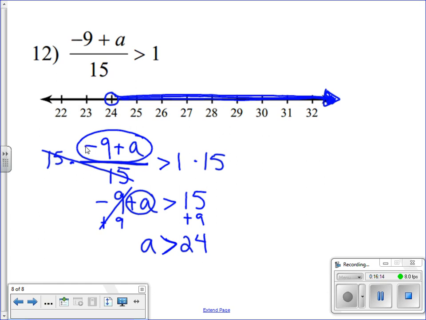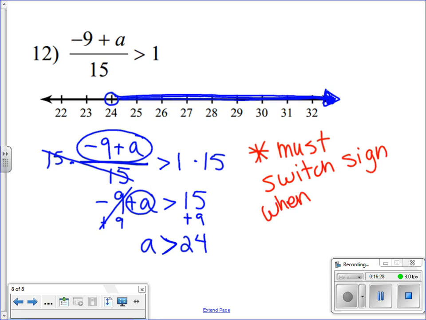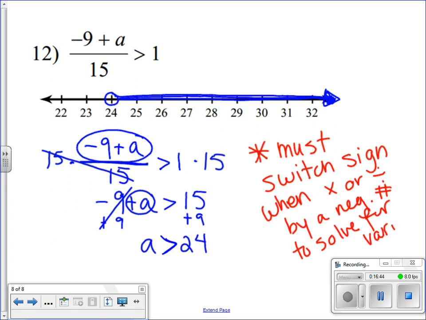We must remember that we switch the sign when you multiply or divide by a negative number to solve for the variable. Remember, that's when you do that last step when you're trying to get a equals or x equals something. So if you remember that last step there, it should really help you out.